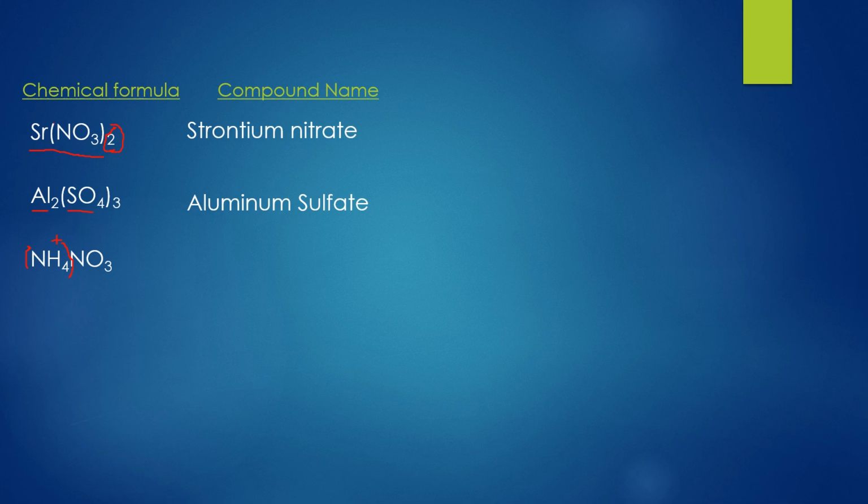And then NO3, we've already seen in that first example, that's a polyatomic as well, and it's nitrate. So ammonium nitrate. And the reason there's no parentheses around this is because there's only one ammonium polyatomic and only one nitrate. So there's no parentheses needed unless there's more than one polyatomic in the chemical formula.